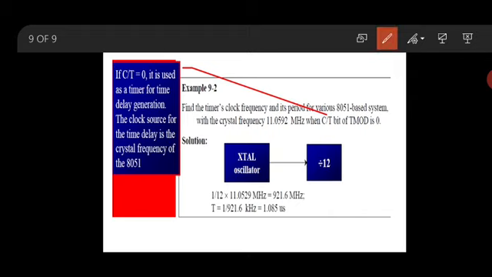Divided by 12, approximately 1 microsecond of delay is available here. I hope you understood. Approximately a clock of 1 microsecond of time delay is available in timer mode. I hope this will make the calculation very easy for you.